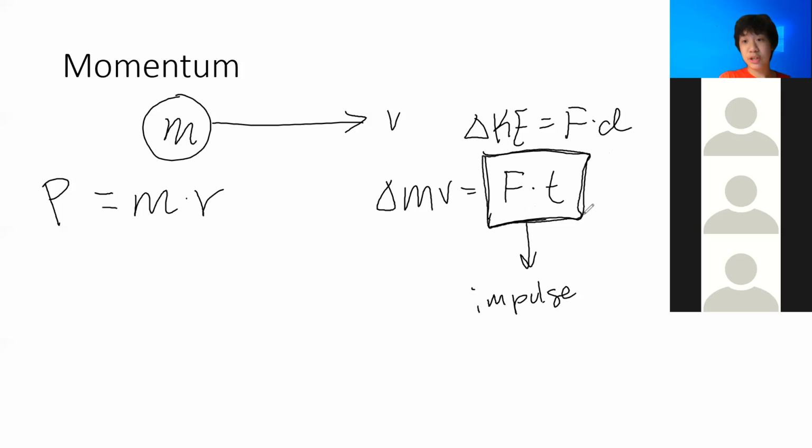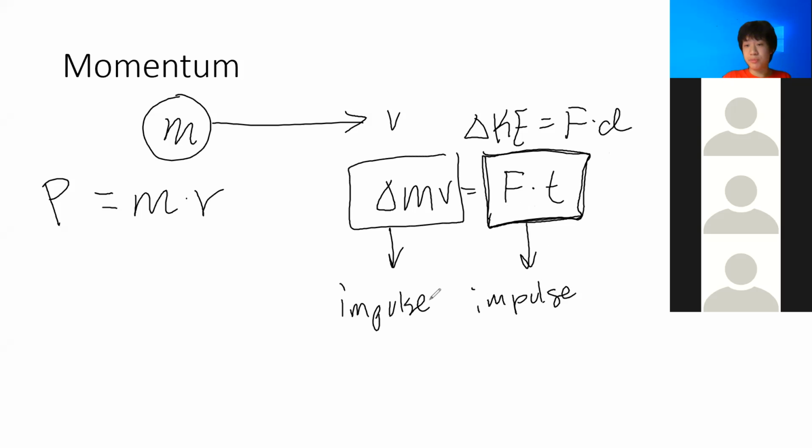And we're going to go over some problems about impulse later on. So another way to visualize impulse is that since these two are equal, impulse is also the change in momentum. So impulse is defined as the change in momentum of an object, and impulse is also defined as force times time. All right, so that's called impulse. Okay.